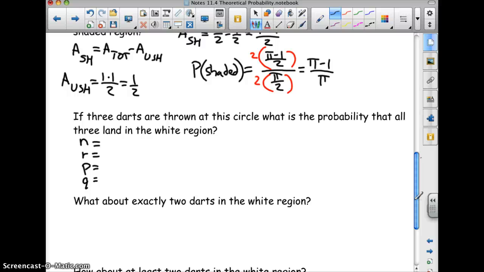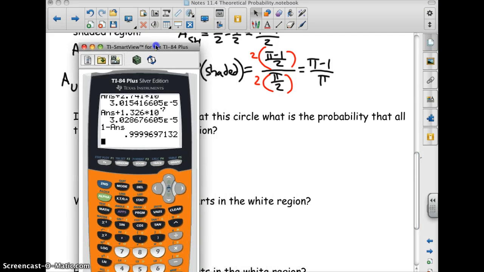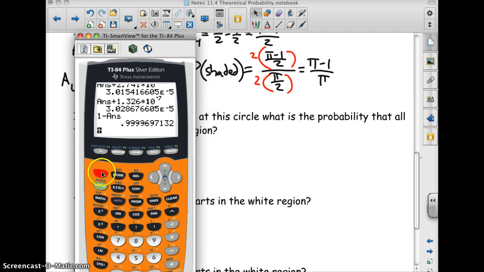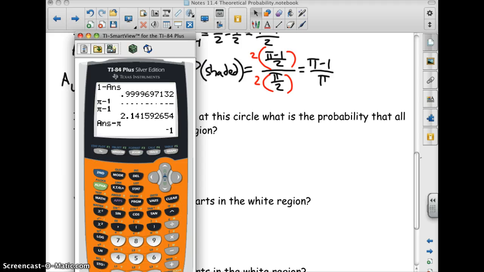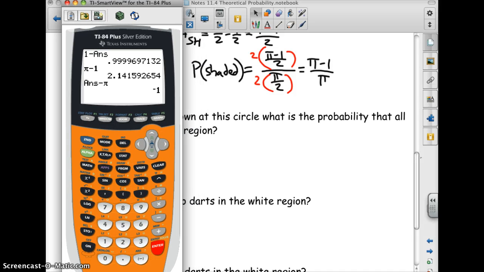So what I'm going to do is find this as a decimal, pi minus 1 over pi. Oh, I subtracted pi. I should have divided by pi. Sorry about that.